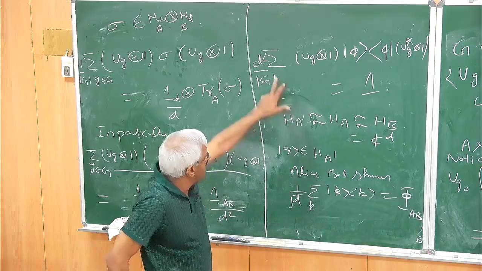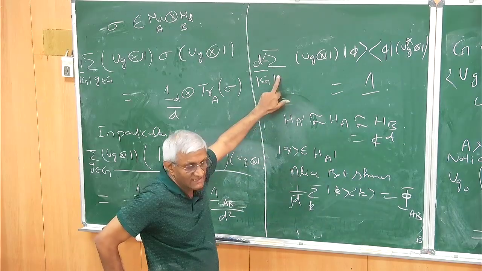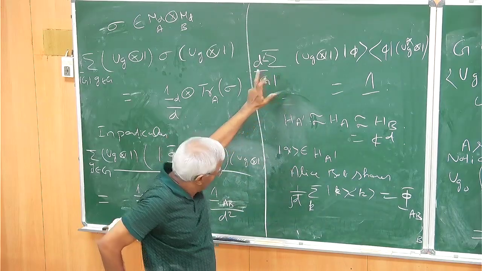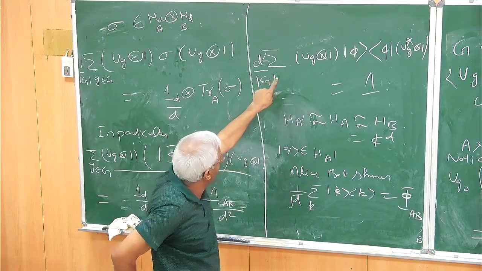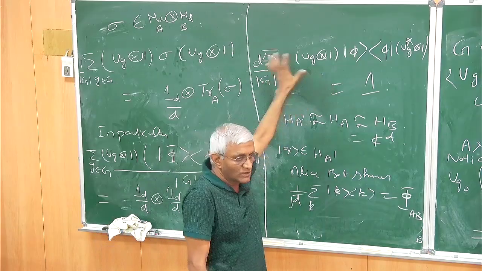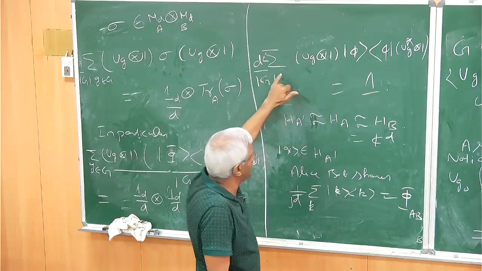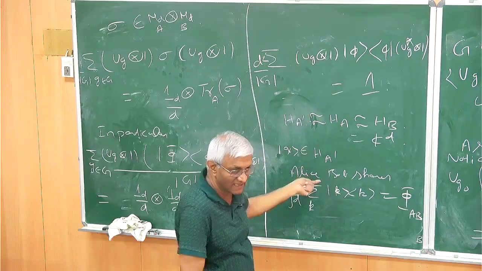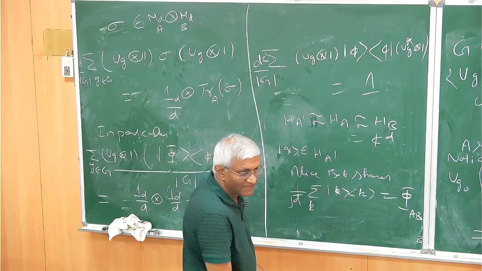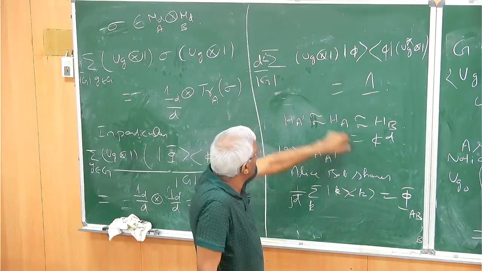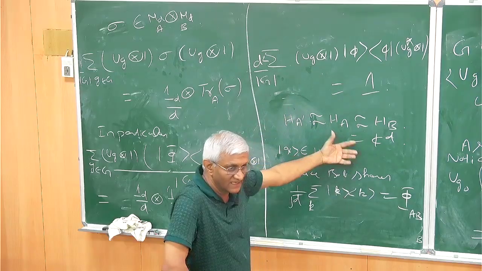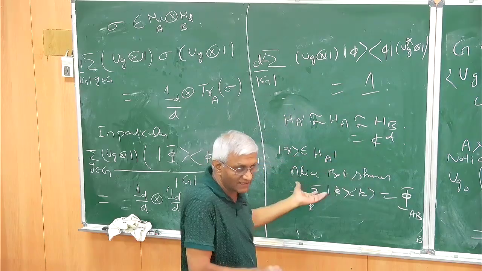So now she makes the measurement with respect to this, and she gets a G. I mean, this is summation over G, no? So the classical value you get is a G. She sends that G. Then Bob applies this UG in his system and gets back to this. So that is the idea.